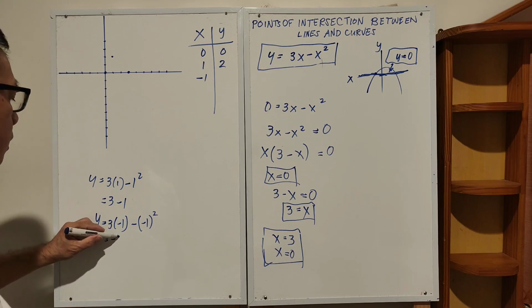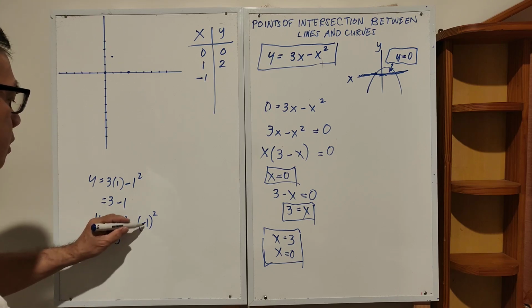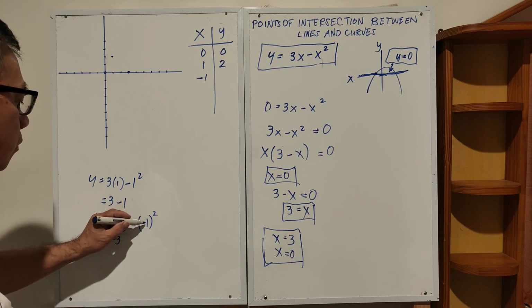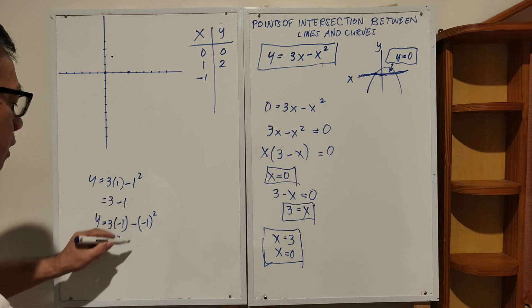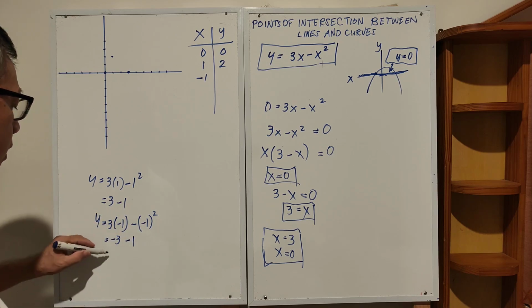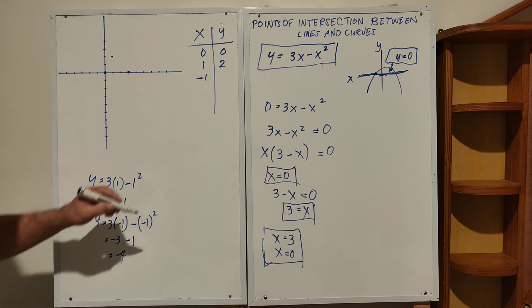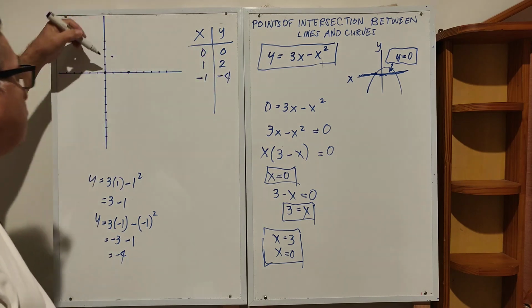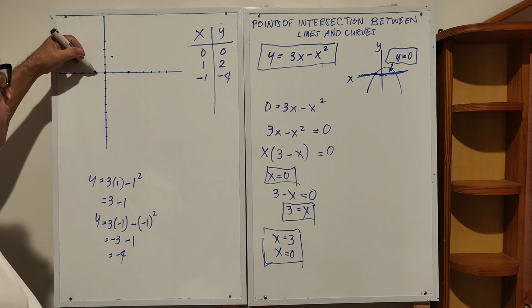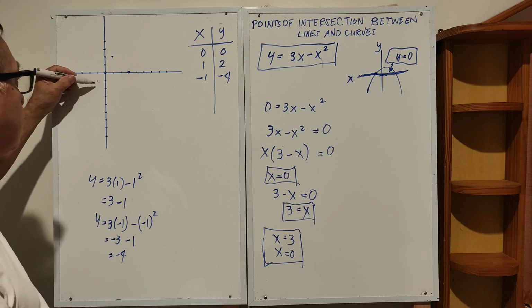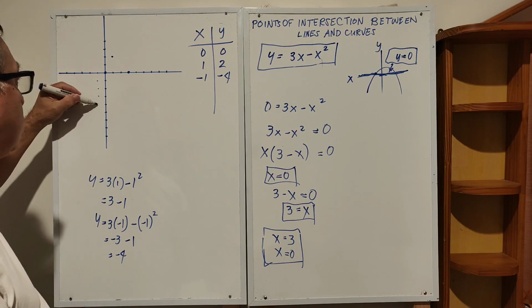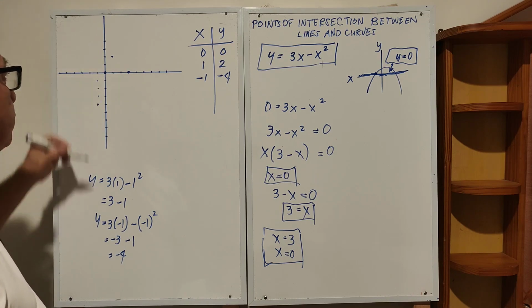So it's negative 3, and negative 1 times negative 1 is positive 1. So negative 3 minus 1 is negative 4. So if x is negative 1, y is negative 4.